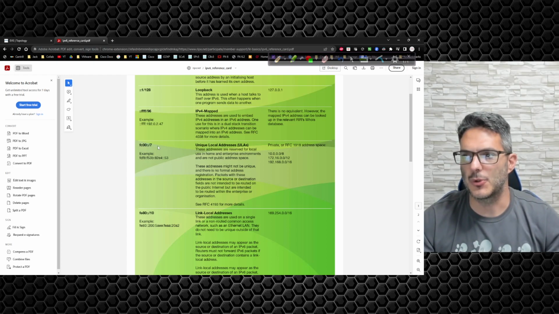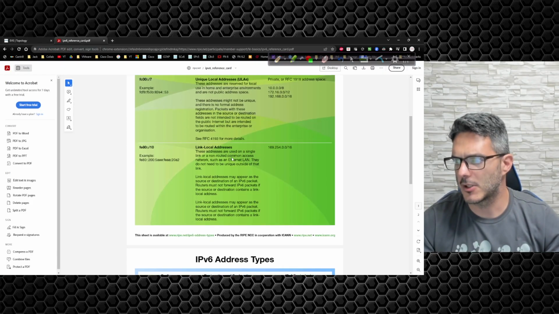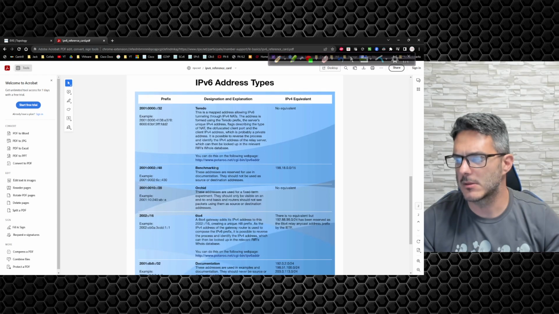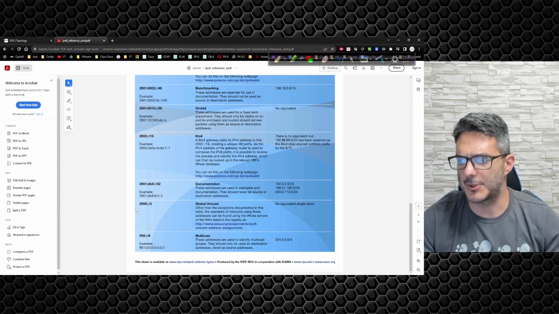So in our topology, for example, anything public, we're going to use like a 2001, because if we look down here a little bit further, our global unicast is going to be 2000::/3. That's going to be the address space that we're going to be able to use.